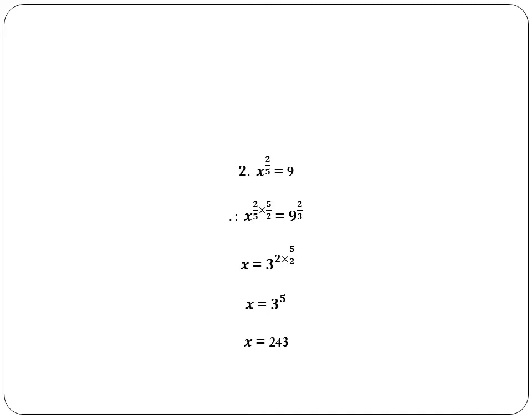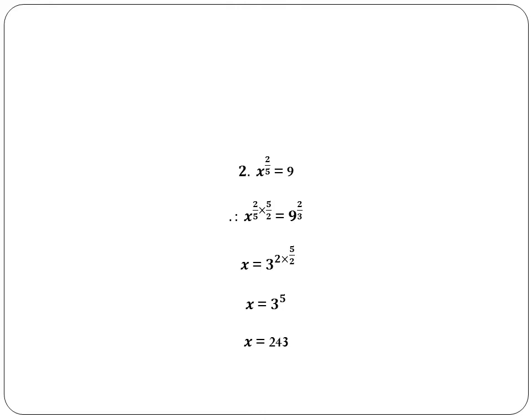Now in 9, we need to find two numbers that when we multiply, we are going to get 9. And the number is what? 3. So 3 times 3 will give us 9. 3 times 3 in exponent form is 3 to the power 2. So 2 times 5 divided by 2, 2 cancels 2 and will give us 1. 1 times 5 will give us 5.